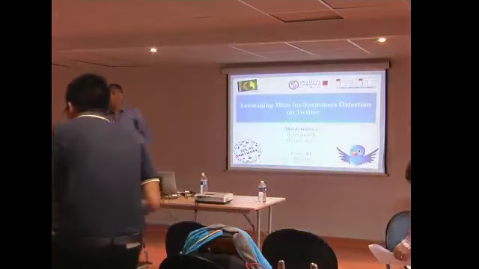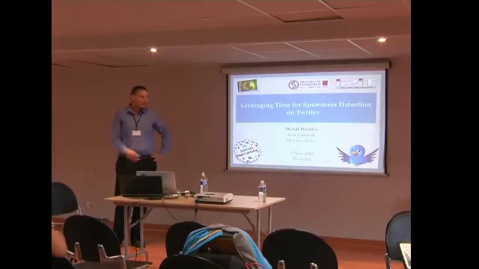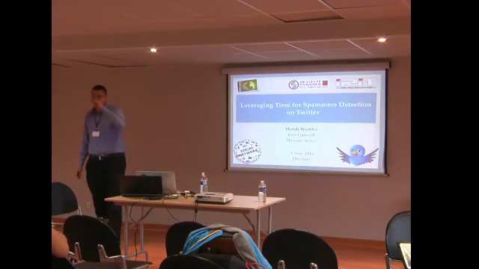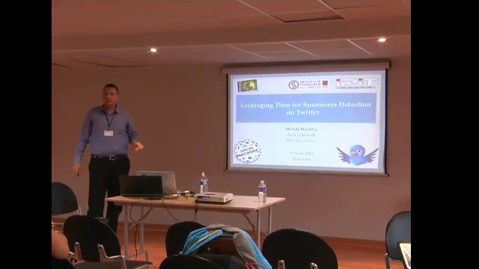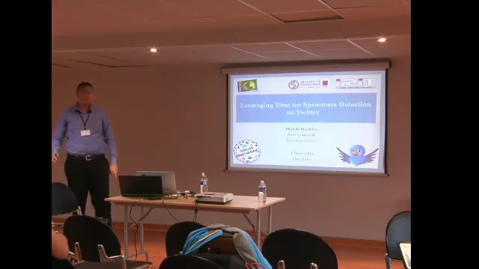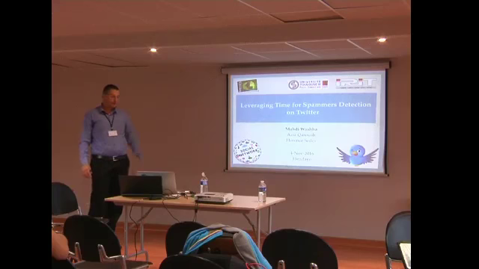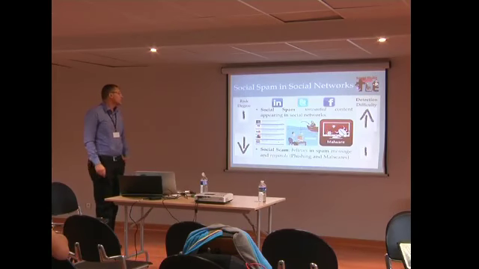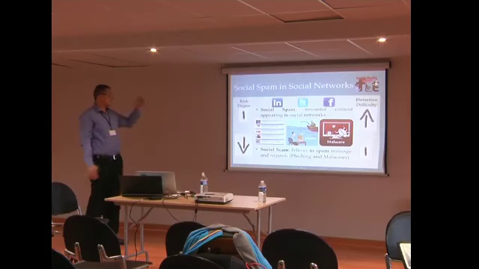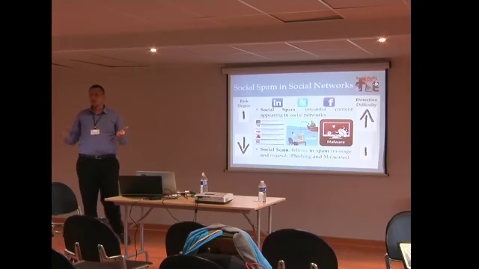Hello everybody. In my presentation, I would like to introduce my PhD work in spam detection. In particular, we detect spam accounts on Twitter. At the beginning, I would like to cover some things and provide definitions of what we mean by social spam.